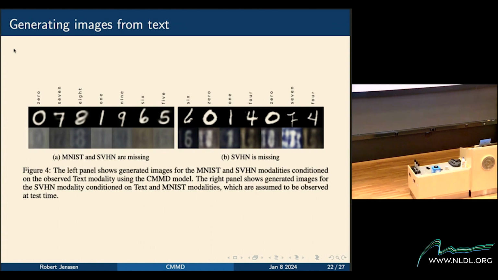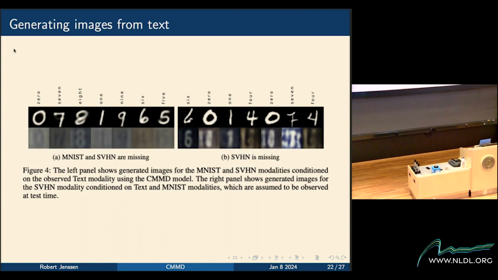And then we want, for instance, here, in this first example, we just get the textual description at test time, and we want to classify well, and we do well, but we also want to show that we can generate the missing modalities, which are these 2, and these are generated. So both of these are now generated by neural networks. This is the same example, basically.